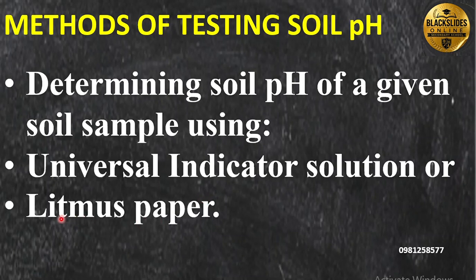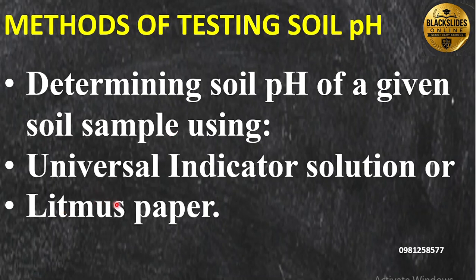Of course, a more reliable way to find the pH of a soil sample is to use universal indicator solution, because universal indicator solution can give you the exact pH. Litmus paper doesn't give you the exact pH, the strength of acidity or alkalinity of the soil sample.